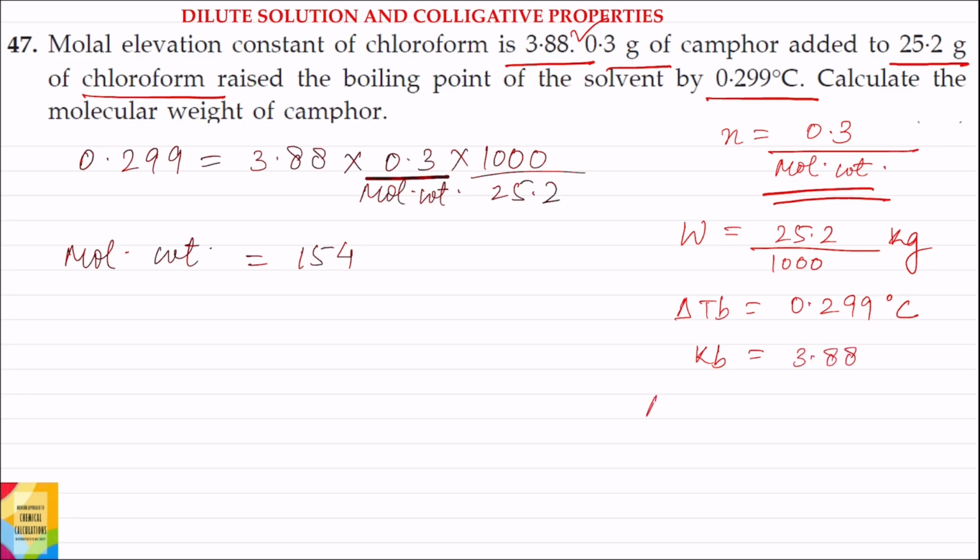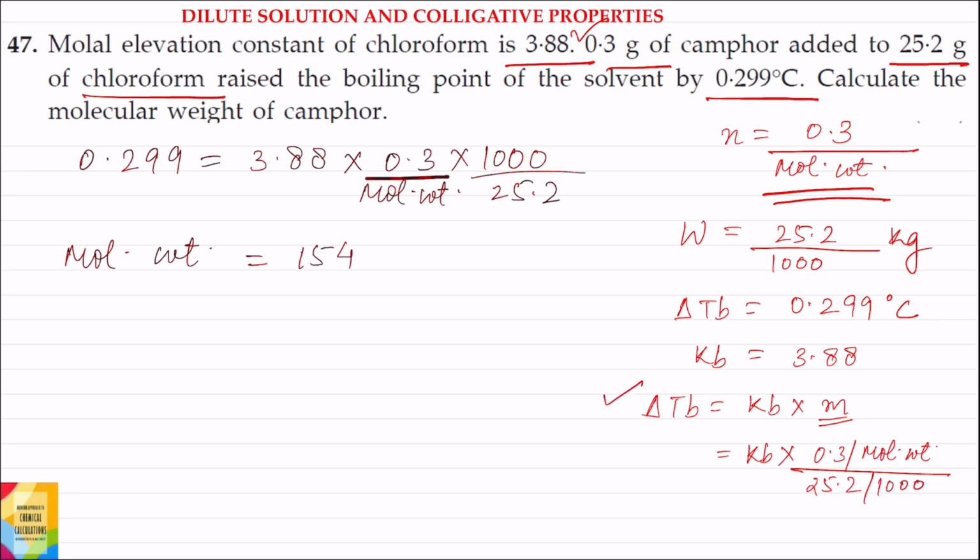Now applying the formula, delta Tb is equal to Kb into m. m is the molality of the solution, so delta Tb equals Kb into moles of solute, that is 0.3 divided by molecular weight of the solute, divided by weight of solvent in kgs. Weight of solvent in kgs is given as 25.2 divided by 1000 kg.